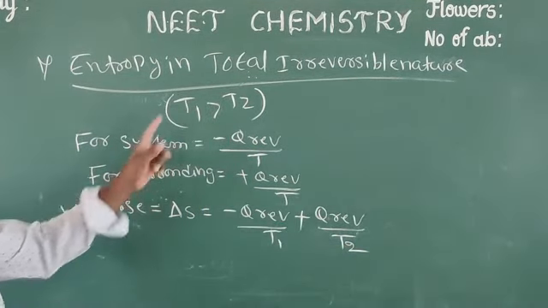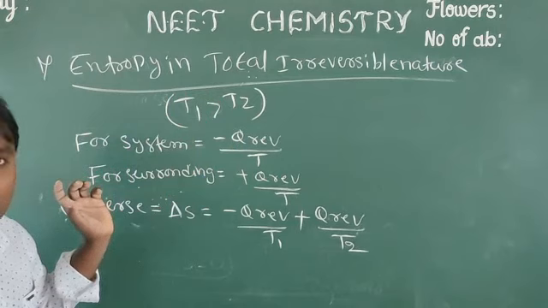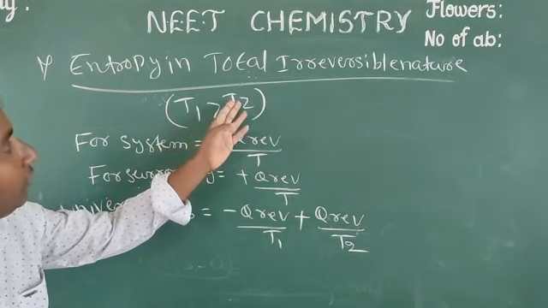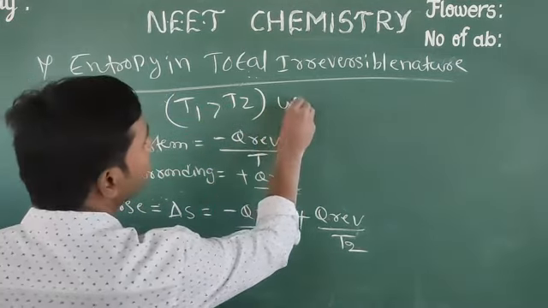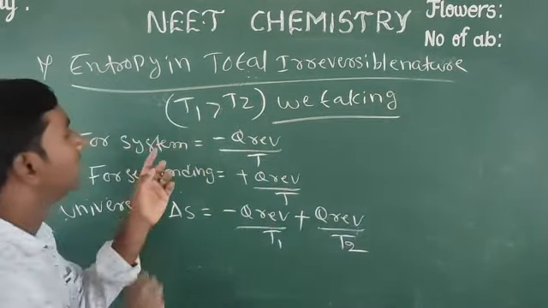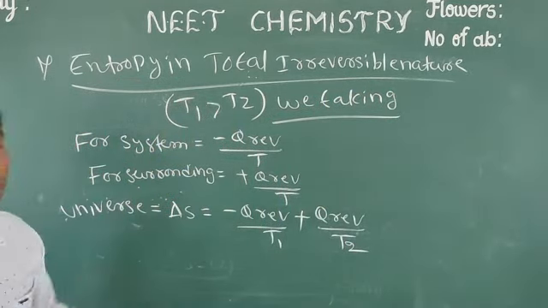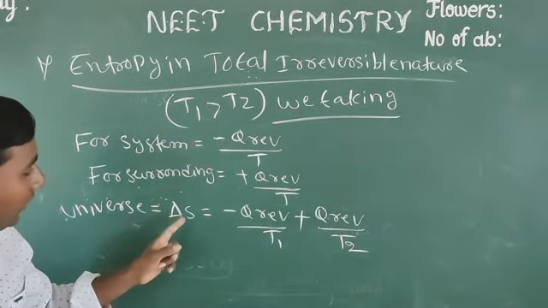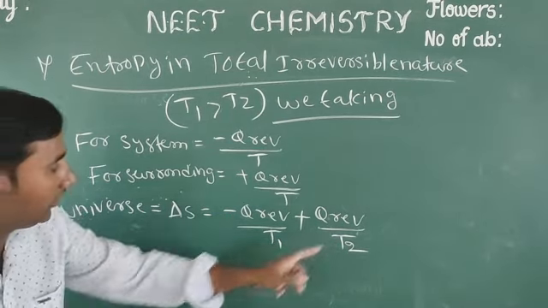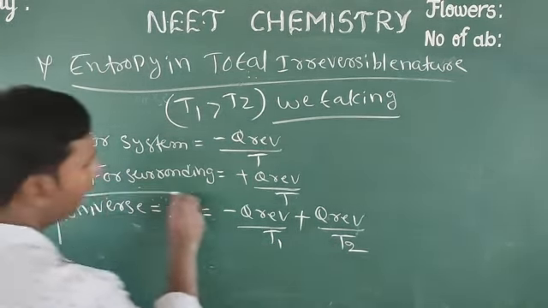Here we take T1 greater than T2, the initial temperature more than the final temperature, so the first one is T1 and the second one is T2.